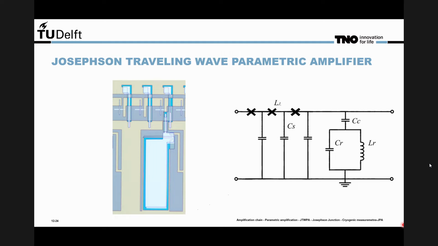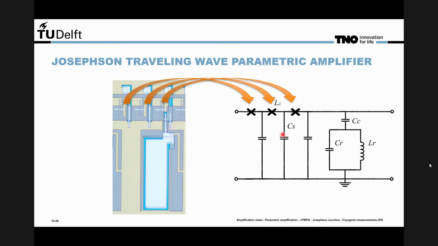So here's almost one unit cell shown. This is the corresponding electrical diagram of it. We have three Josephson junctions here with corresponding shunt capacitors to ground. These are the main transmission line elements.